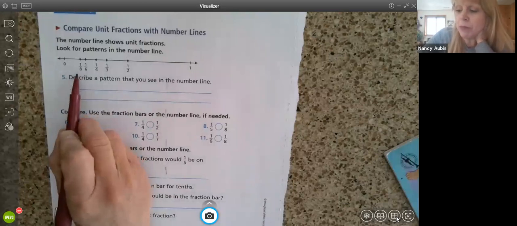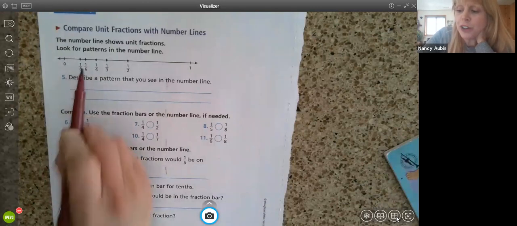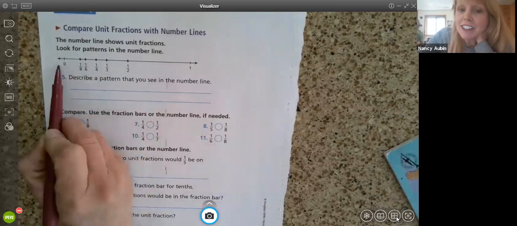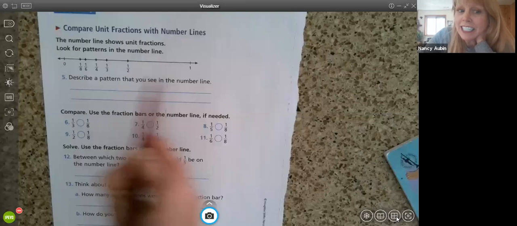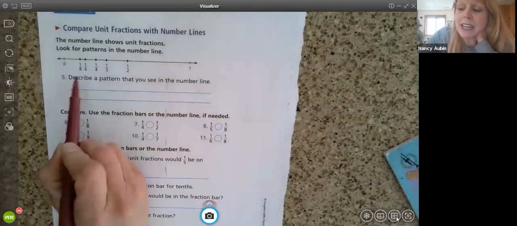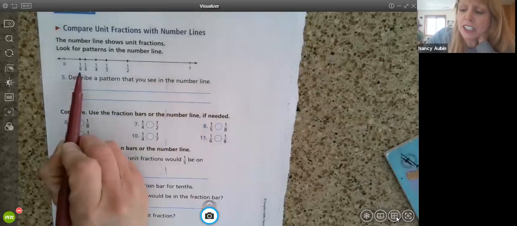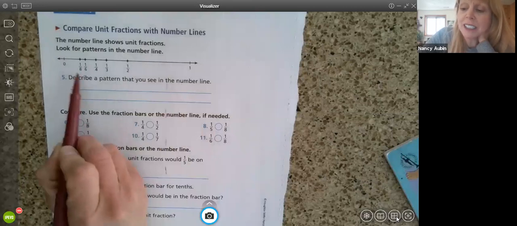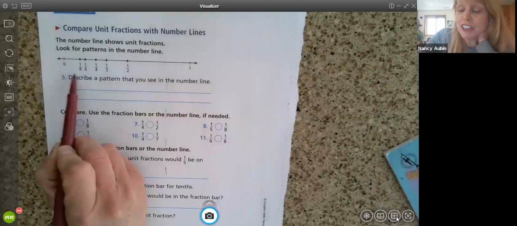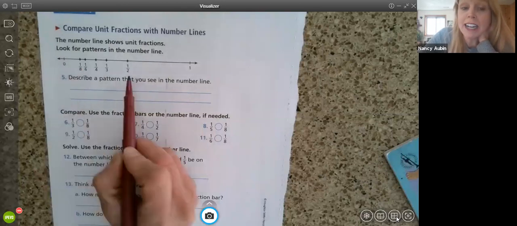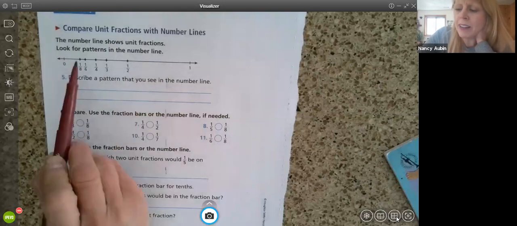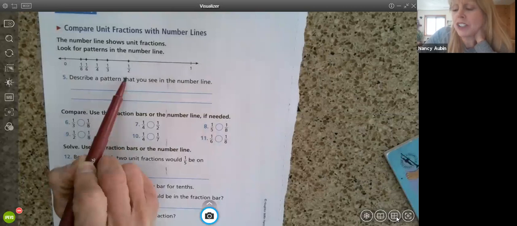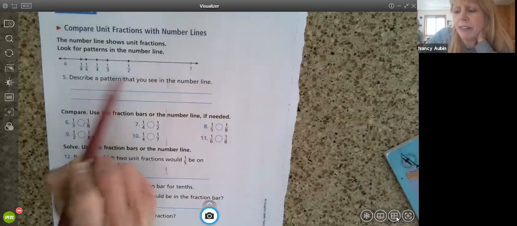Everybody find 1/8 with your eyes or with your pencil. Do you notice it's further to the left than to the right? So whenever you're using a number line to compare fractions, the fraction that's further to the left is smaller than the fraction that's further to the right. So if I'm comparing 1/8 and 1/2, Astria, which one is greater, 1/8 or 1/2?